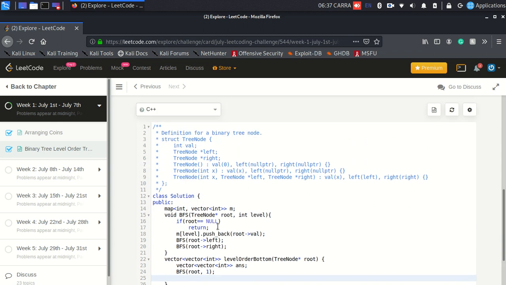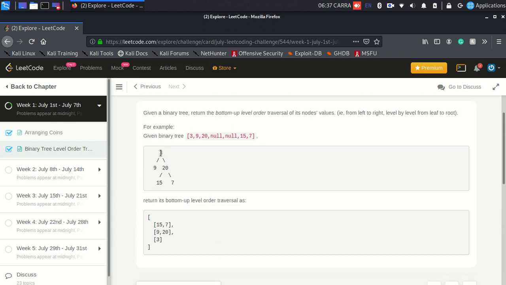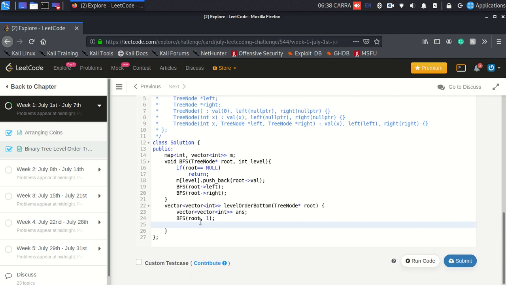So the first key would generally be 1, because they are in ascending order, so that would be 3, but we want this 3 to be at the last in the output, and we want the last value, that is 15, 7, to be first in the output. So I'll do nothing, I'll just traverse the map in a reverse fashion, that's it.